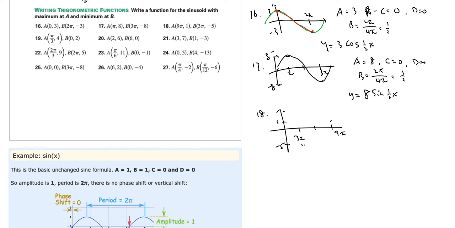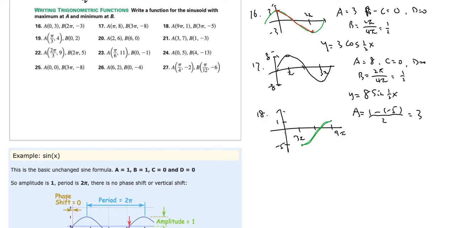Alright, that's a little weird, but it's fine. From the minimum, we somehow go to the maximum. One thing we can figure out is that A is going to be the maximum minus the minimum. From maximum to minimum is twice the amplitude, so you divide by 2. That's going to give you 3, right?